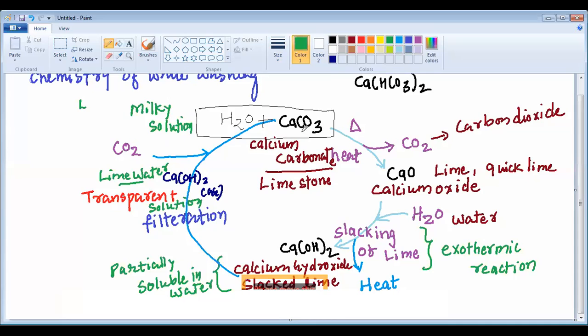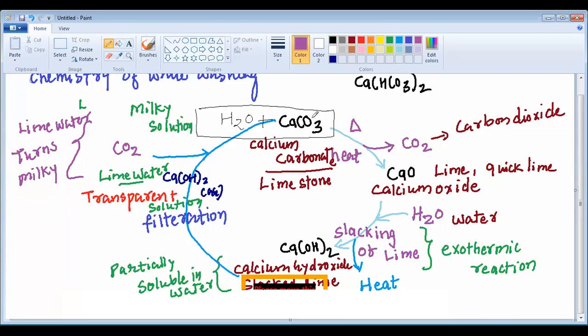This milky solution contains calcium carbonate and water. So during the passage of carbon dioxide, this lime water turns milky, and then we have the milky solution.